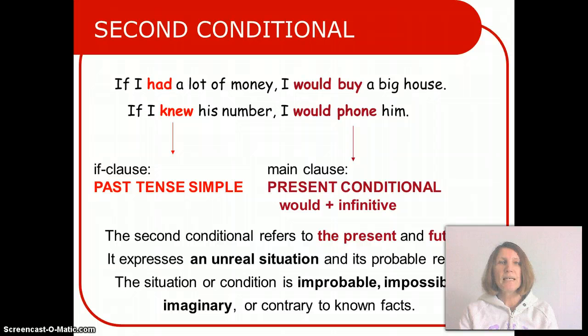The only difference is that the second conditional is an unreal situation, and the result is also unreal. So this situation is usually imaginary or impossible because something is lacking. In the first example, he doesn't have any money to buy a big house, and in the second example, she doesn't know his phone number. So the second conditional is for imaginary situations.